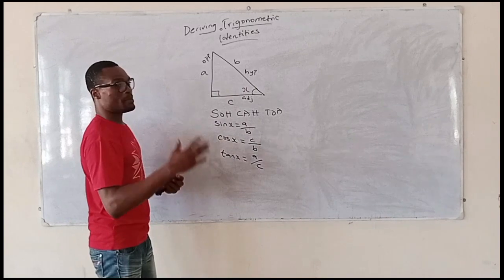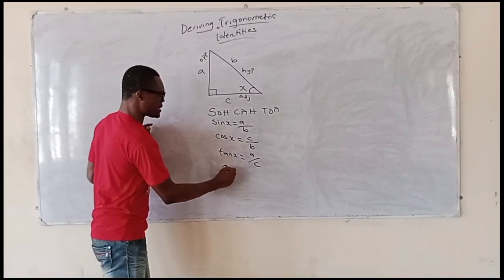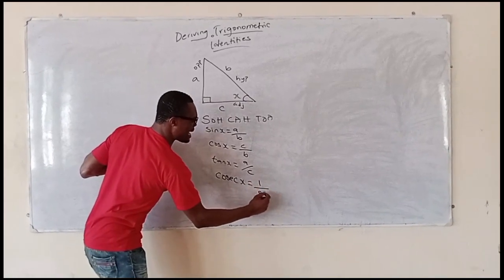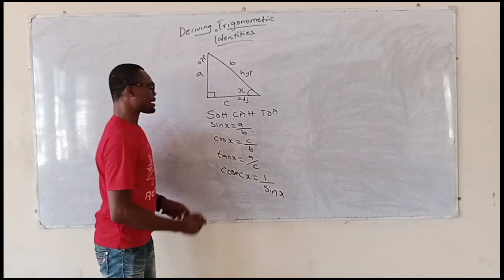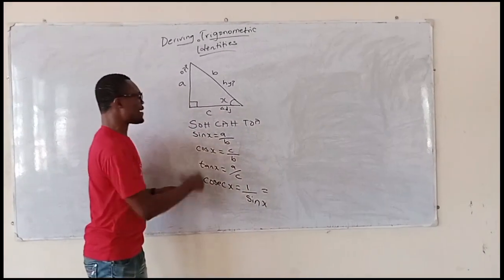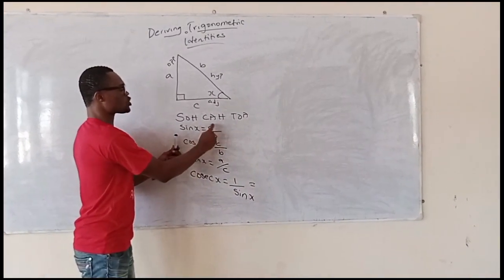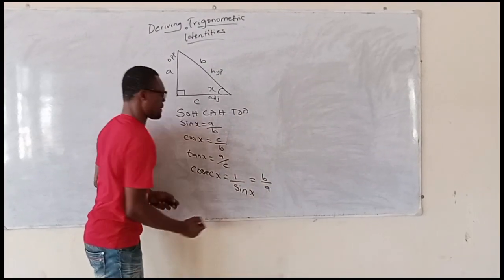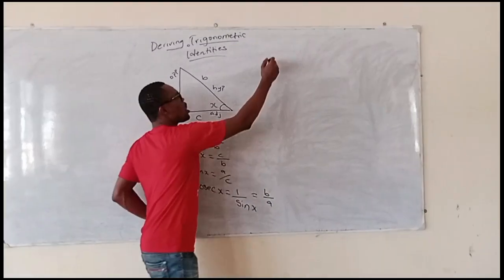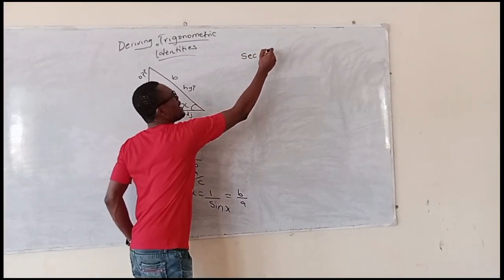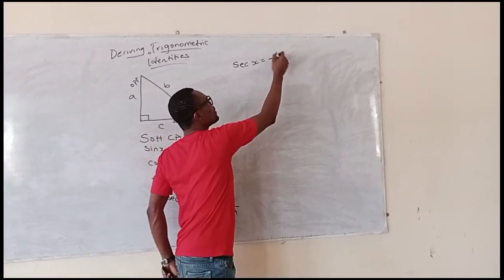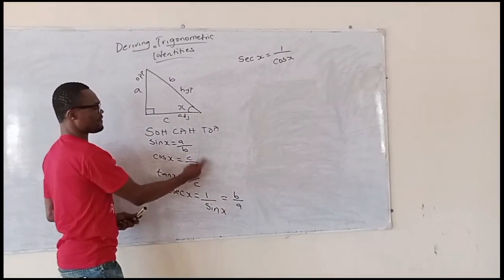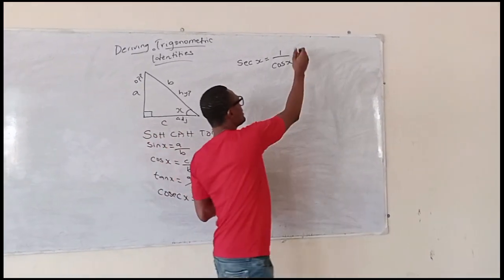Now we have other trigonometric identities such as cosec. Cosec x simply means 1 over sine x, so we invert sine x. That is, B goes up, A comes down. We invert the reciprocal, that is B over A. We also have sec x, which means the reciprocal of cos x.